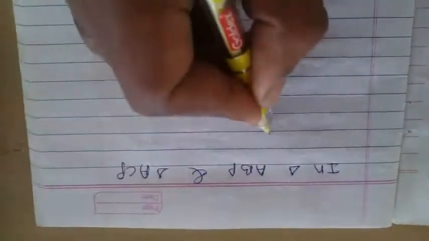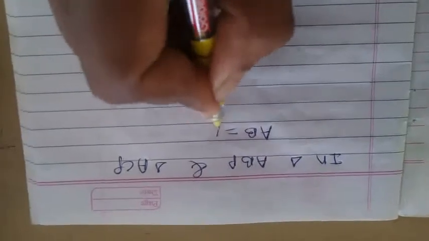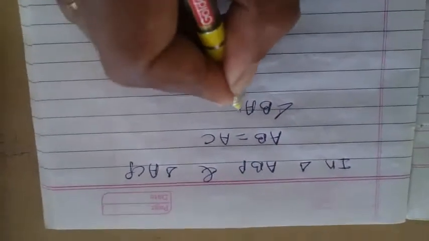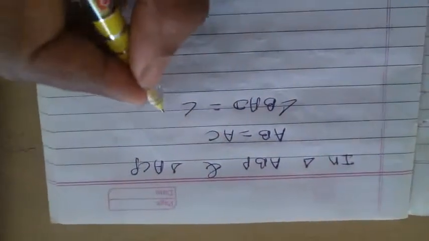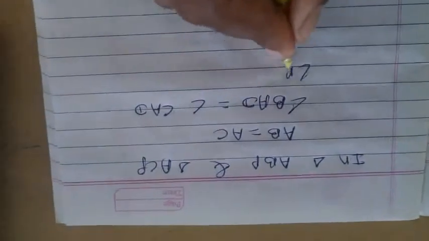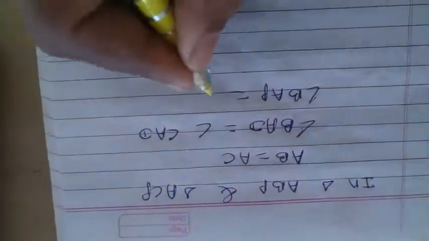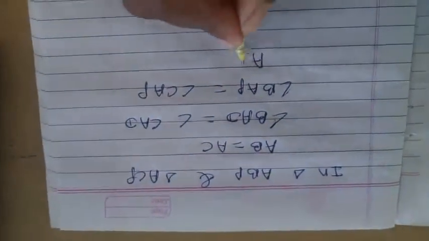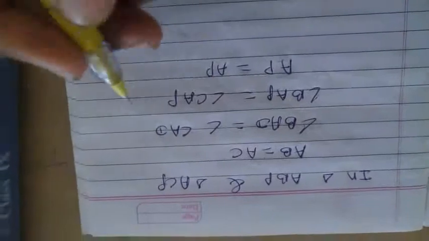Write down. In triangle ABP and triangle ACP, AB is equal to AC, angle BAD is equal to angle CAD, angle BAD means angle BAP is equal to angle CAP, and AP is the common side for both the triangles.